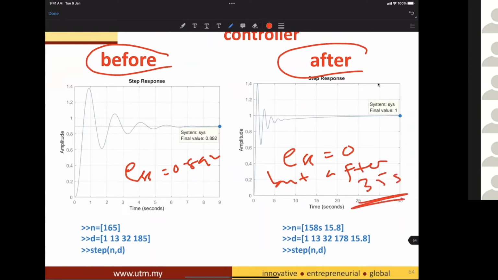So ini pun issue juga, because slow. Ini pun issue juga. Because error exists. So dua-dua ada issue. Error exists sebelah kiri dan selepas PI error kosong, but nak achieve error kosong tu 35 seconds. So kita kena cepatkan dia. Cepat settlekan dia. Instead of 35 seconds, maybe 3.5 seconds. Okay.